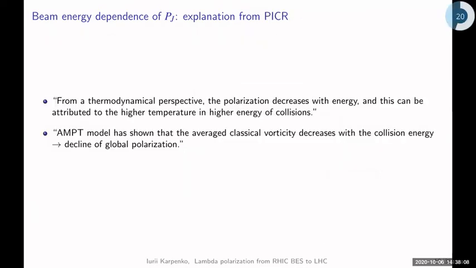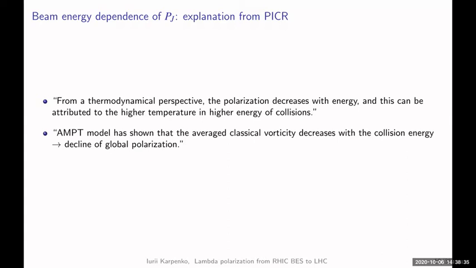I have to also list the explanations from two other models. So the PCR explanation has two points. One point is that, here I simply cite the sentence from the paper, that from the thermodynamical perspective, the polarization decreases with energy because there is high temperature at higher energy of collisions. This point I honestly don't really understand fully.